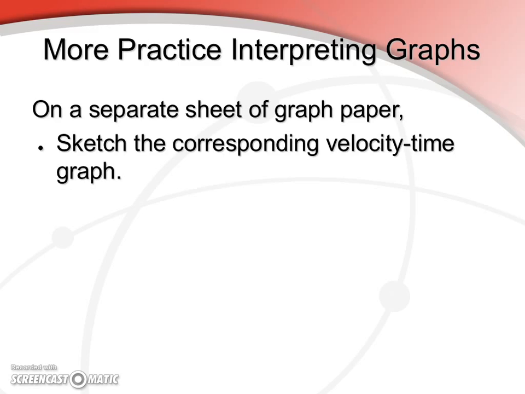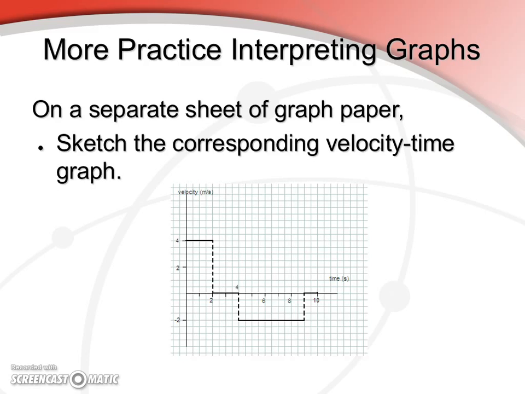Okay, sketching the corresponding velocity-time graph. Please go ahead and pause the movie and do that now. Okay, welcome back. Here is my sketch of the velocity-time graph. You can see, remember, we were at 4 meters per second for the first 2 seconds. Constant speed.